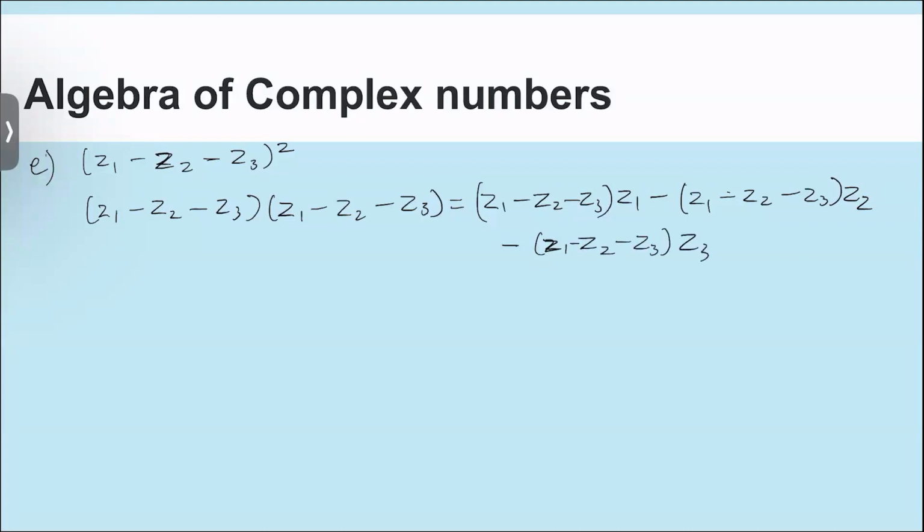Okay, so let's expand all and see what we are left with. So you have Z1 squared minus Z2 Z1 minus Z3 Z1. Over here you keep the minus sign in mind. Now we have to keep in mind that there's a minus sign between the terms over here.